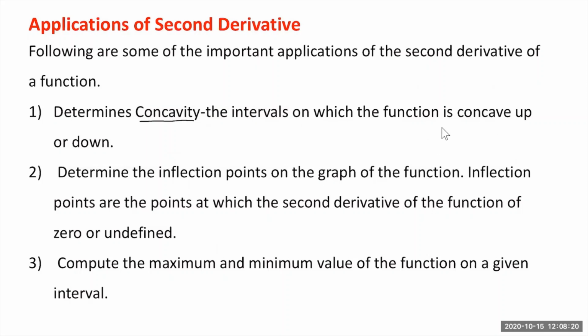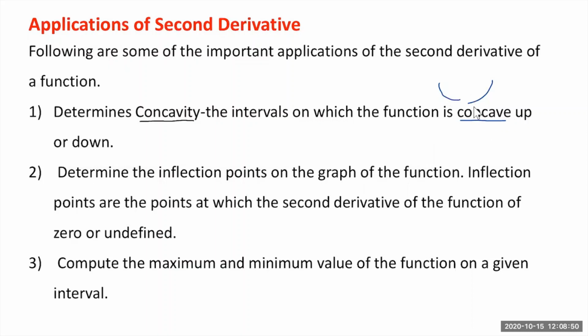When I say the function is concave up, it means the graph of the function is either like this, so you can see it's concave up, the cup shape is up, or maybe it is like this, then also that is concave up. If you see the shape of the graph like this or this one, it means the graph is concave up.